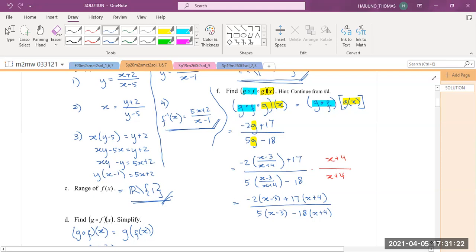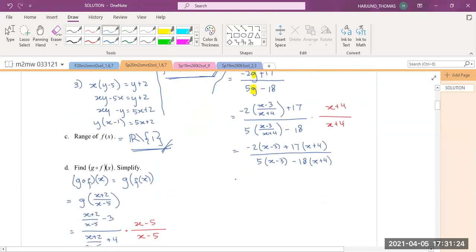Then from here, just simplifying, distribute, combine like terms: negative 2x plus 6 plus 17x plus 68, over 5x minus 15 minus 18x minus 72. That is 15x plus 74 over negative 13x minus 87.